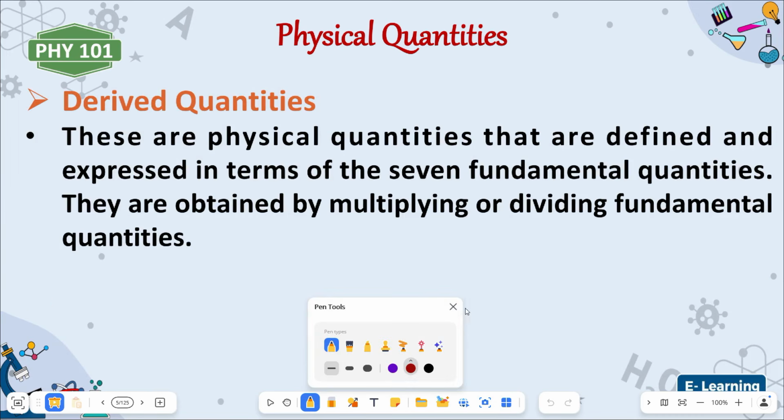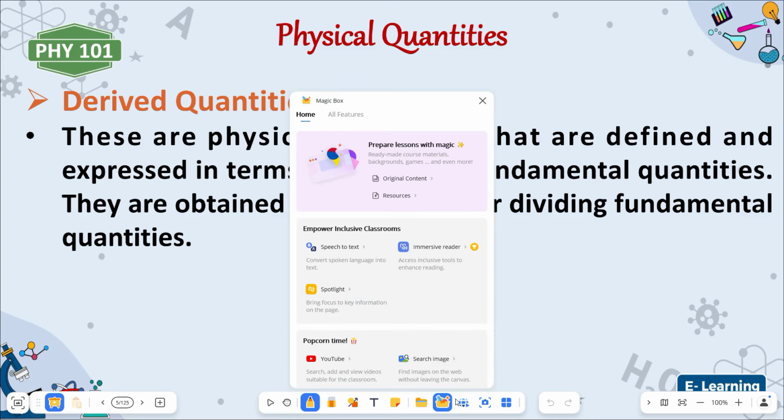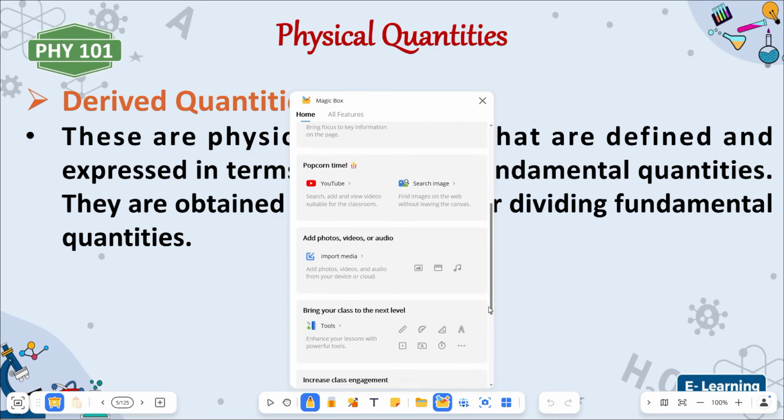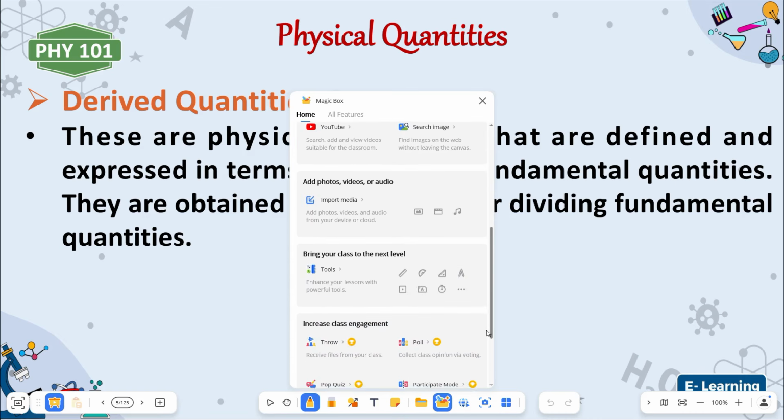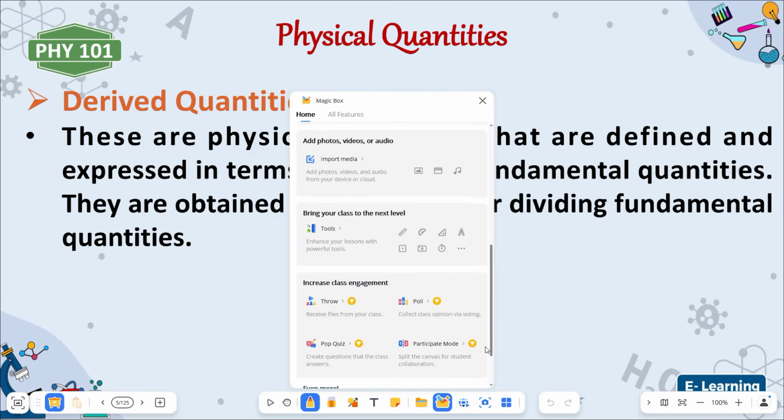Now, derived quantities. What are derived quantities? Like I told you before, what did I say derived quantities are? We say they are quantities that do not depend on any other quantity for their formation.